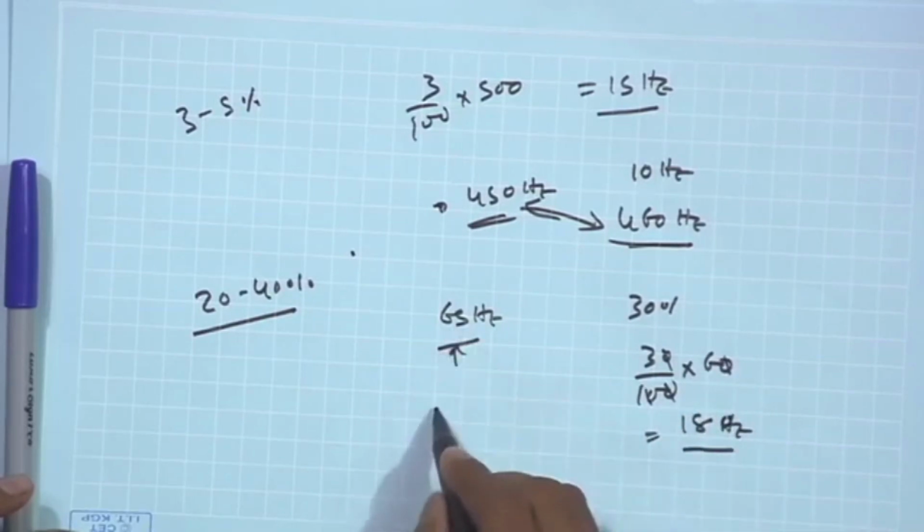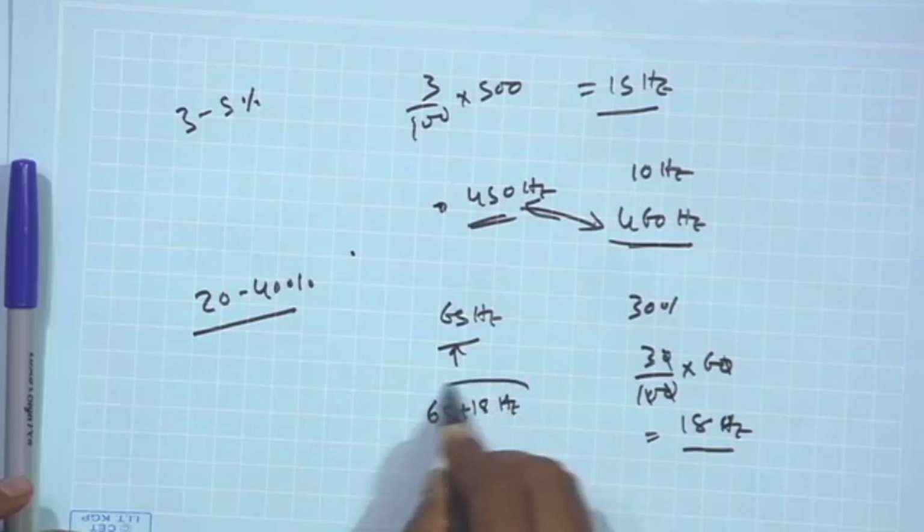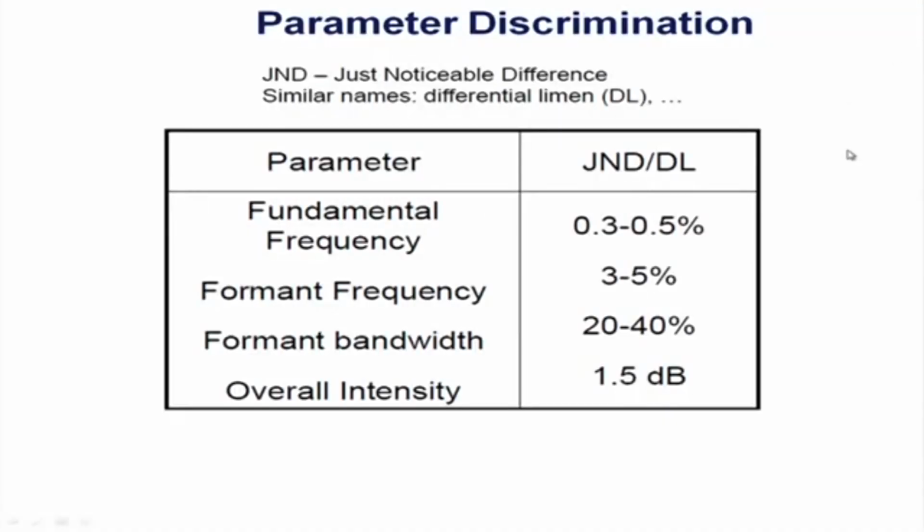So, instead of 65, even if it is 65 plus 18 hertz, we cannot see any difference. That is called just noticeable difference, JND. Due to the limitation of human perception, we cannot distinguish if the change is within this limit.